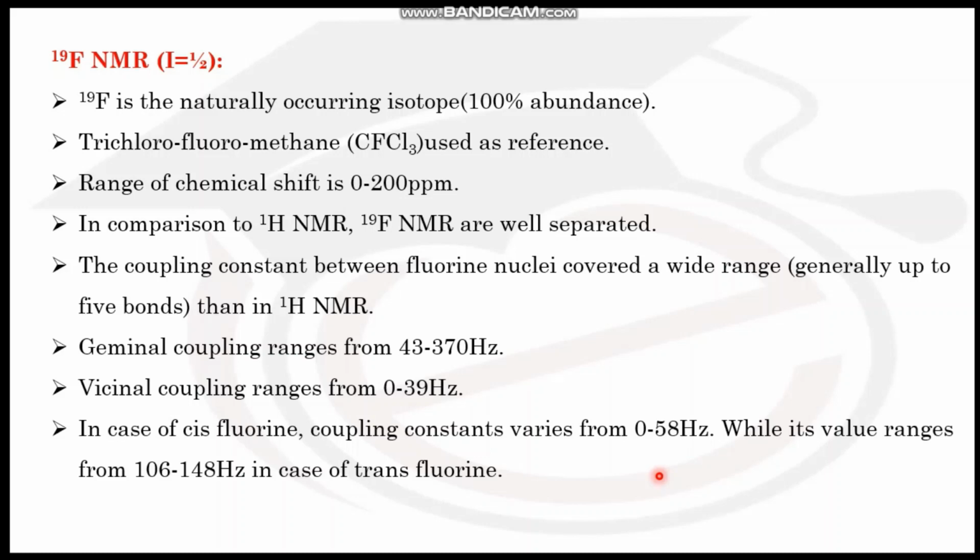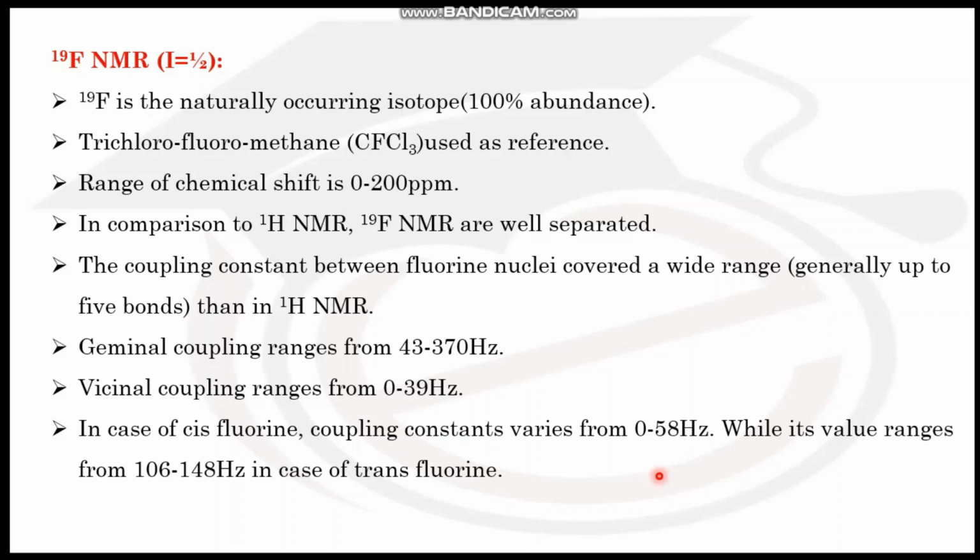These are the main points regarding F19 NMR. F19 is a 100% abundant isotope, and you should note down the reference: it is trichlorofluoromethane. In some textbooks it is given as trifluoroacetic acid or something like that, but that is wrong. Trichlorofluoromethane is the correct reference. You have to remember it, because they may ask this in an MCQ.